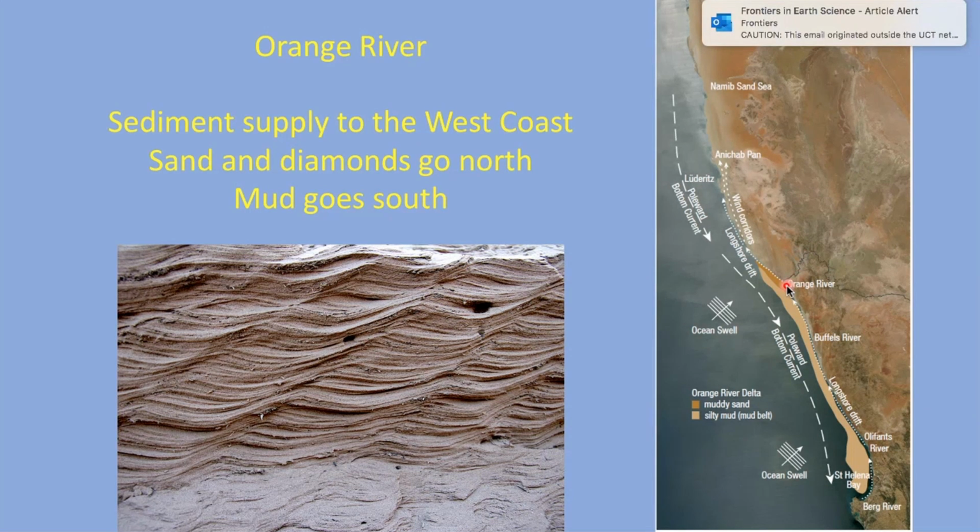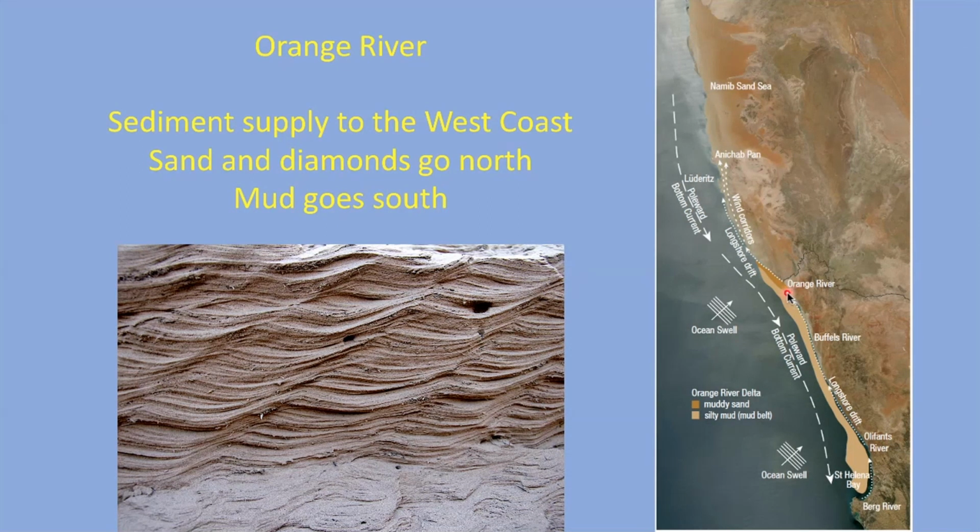Now, what happens is when the sediment in the Orange River reaches the coast, remember I mentioned to you last time the longshore drift, and that's a consequence of our swell, our ocean swell, coming from the southwest, hitting the coast obliquely, and then what it does is it forces the beach sand and gravel to move north.